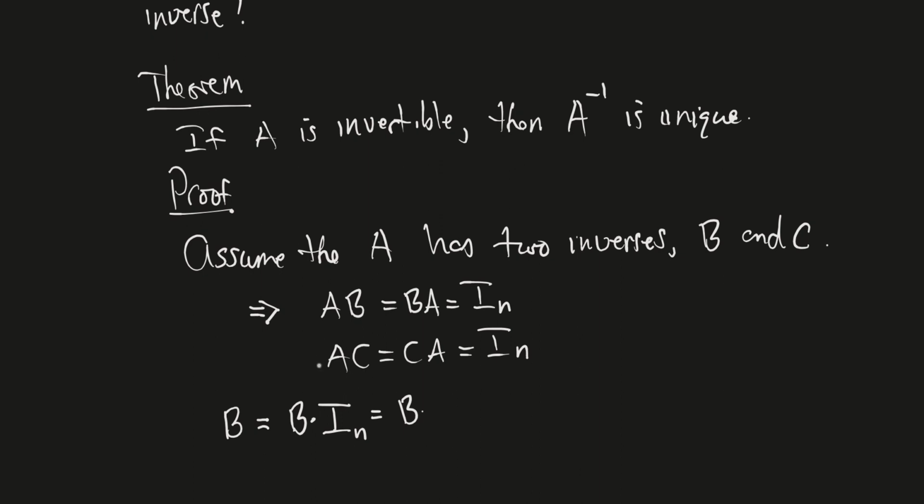I'm going to choose the first one that I wrote down. So instead of writing the n by n identity, I'm going to write the product AC. So it's going to look like this: B times AC.